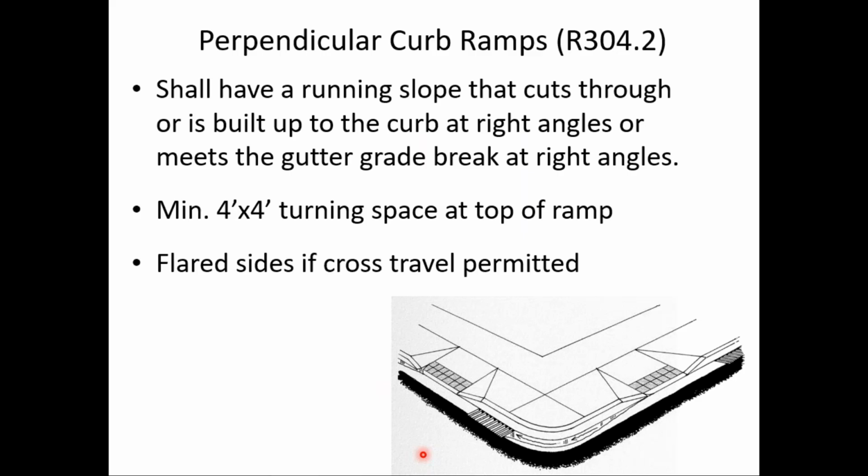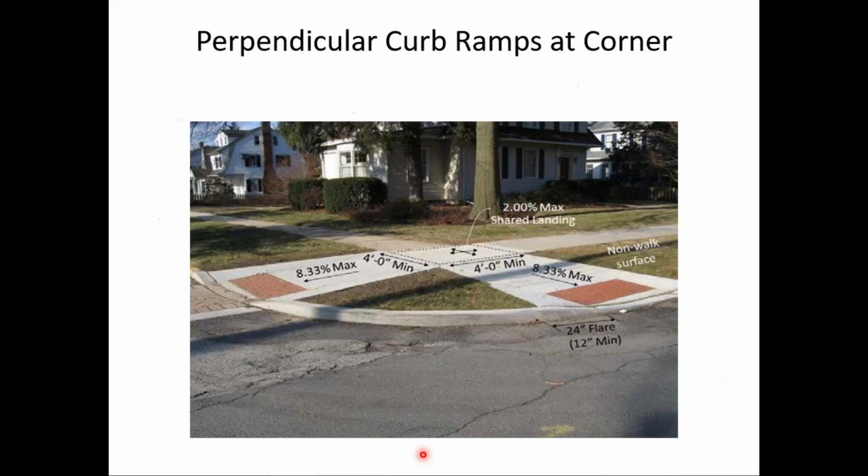And if the ramp is in the pedestrian circulation path, we have flared sides. I think I showed this image earlier. Here you see two perpendicular curb ramps at a corner, and they share the same landing.